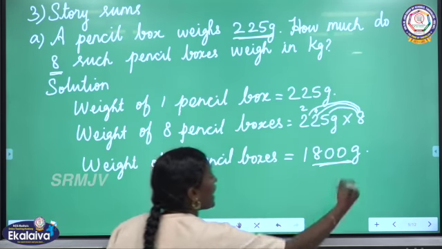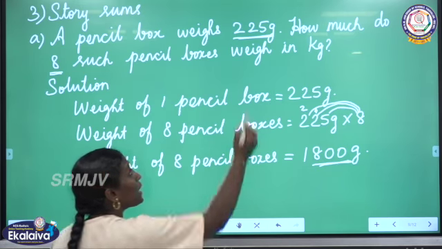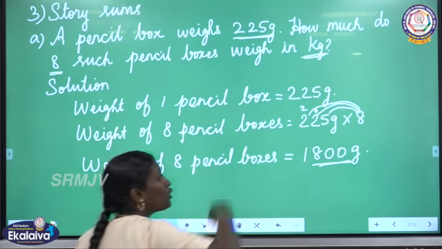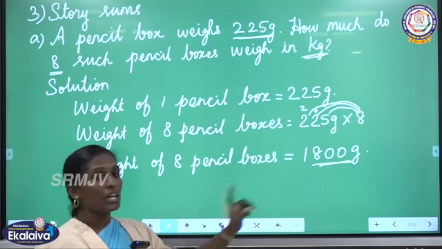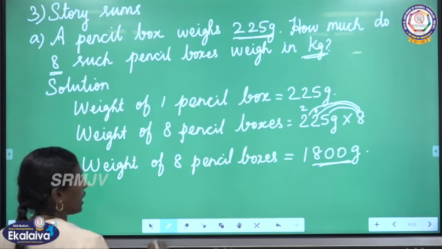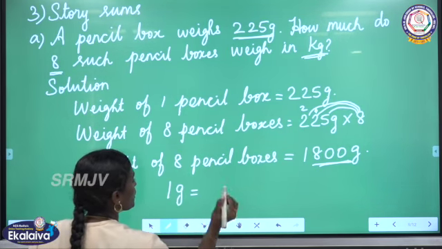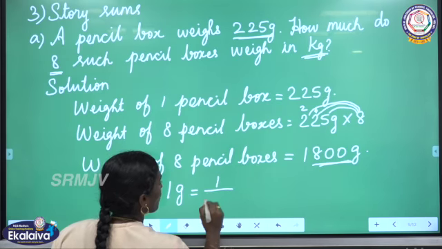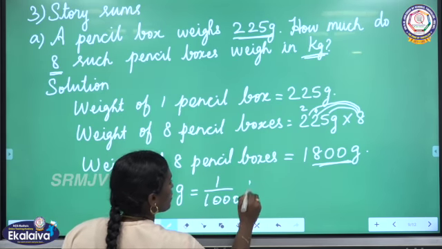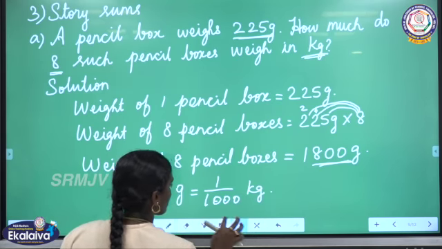Here we got the answer in gram, but we need the answer in kilogram. So I am going to convert gram to kilogram. Smaller unit to greater unit, so we have to use division. 1 gram is equal to 1 by 1000 kilogram.